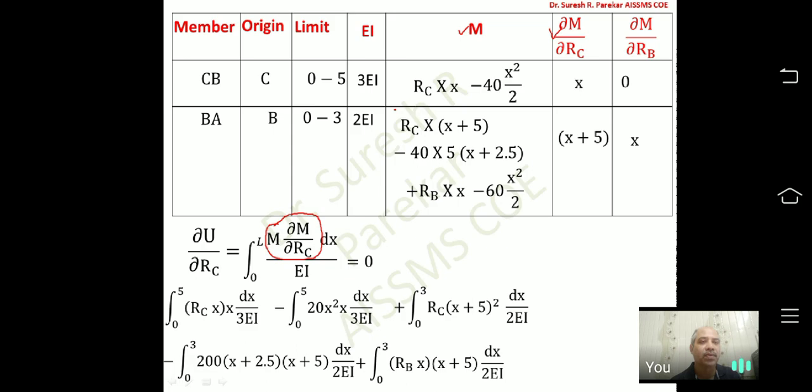RC X plus 5 whole square dx upon EI minus 40 into 5, I have taken 200, 200 into X plus 2.5 plus RB X plus 5, and then we have the last term minus 60x square, that becomes 30x square in bracket X plus 5, and that is X into dx, X plus 5 we have taken, and dx upon 2 EI. So for BA we have EI 2, and for CB we have 3.